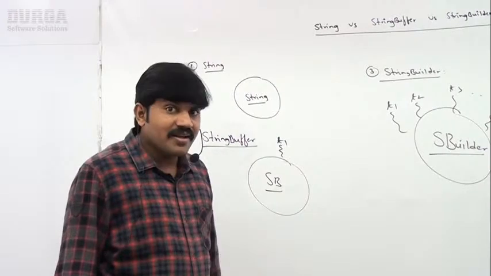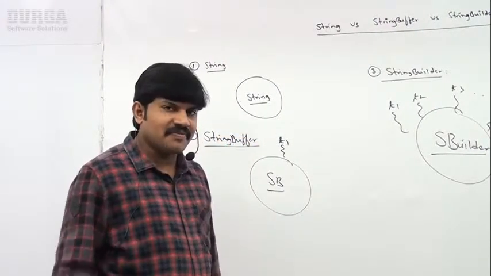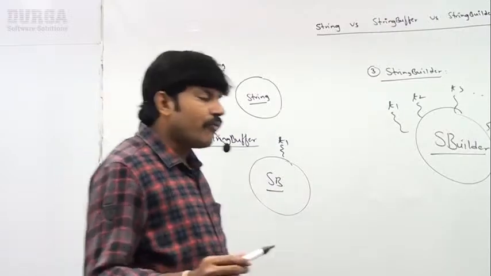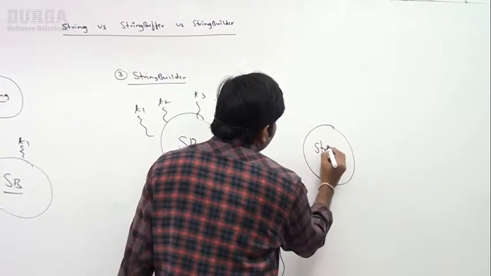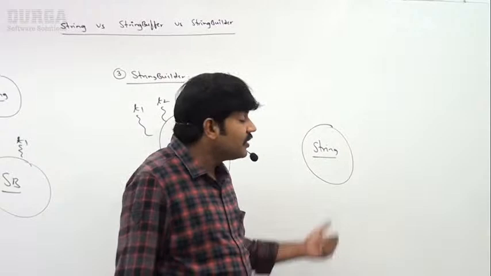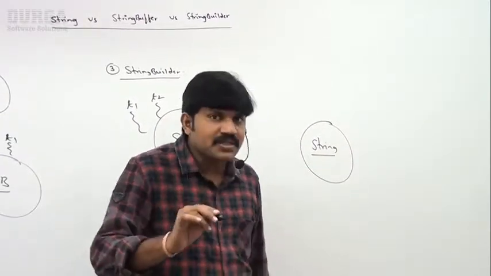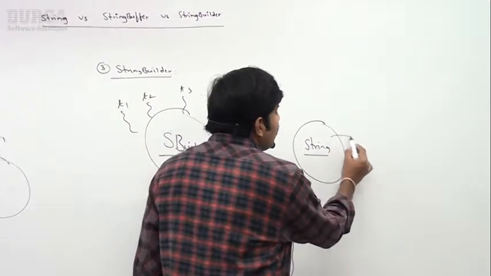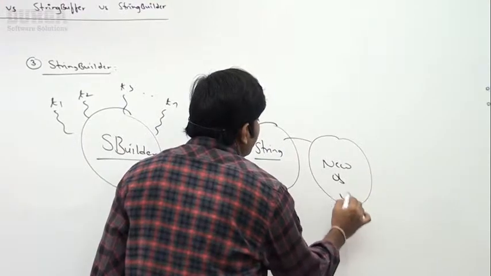Okay, string is always thread safe. The reason is, once we create a string object, we are not allowed to perform any changes in the existing object. If any person tries to perform any change, a new object will be created by default.